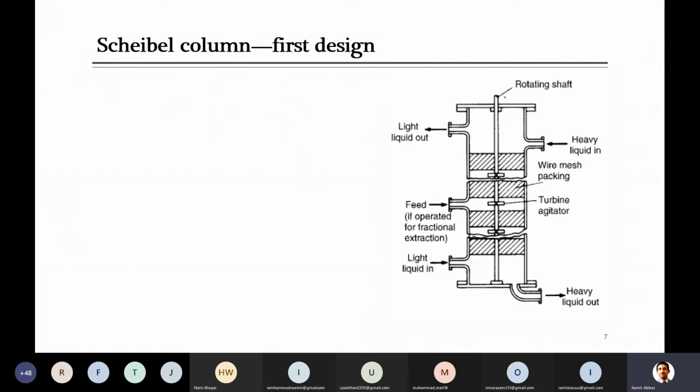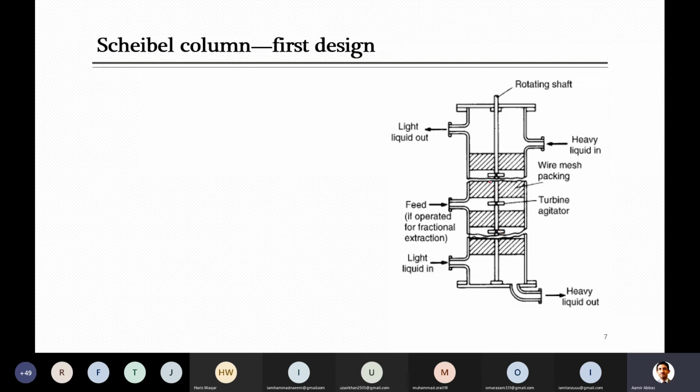For example, here in this diagram, you can see that this is the whole column, and there are entries for liquid getting in and out. As well, there was a rotating shaft inside this, a vertical shaft, on which rotating elements or blades were installed, for example, as mentioned here at various places.